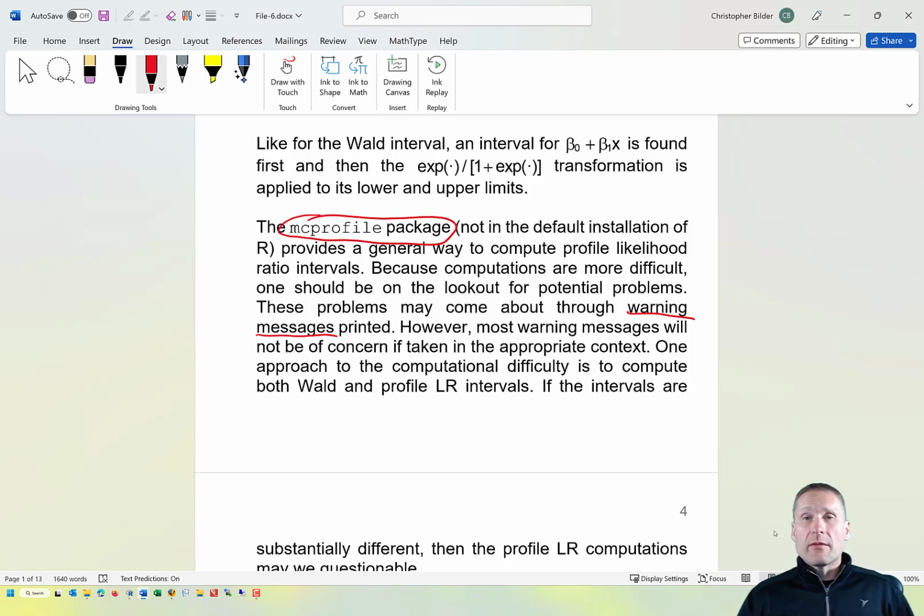Oftentimes, these warning messages are not something of concern, but there will be times where it is a concern. And so the problem is, how do you know if this is something of concern or not? One rule of thumb to use is to go ahead and calculate the Wald confidence interval. And if you see a profile likelihood ratio interval that's really, really different from the Wald, then you should be concerned that maybe that profile likelihood ratio interval is not being computed correctly.